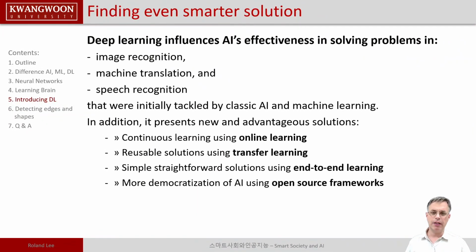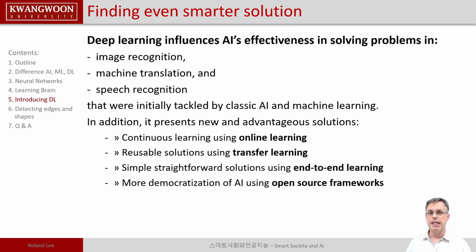Now we come to the next topic, finding even smarter solutions. So here, deep learning influences AI's effectiveness in solving problems in image recognition, machine translation, and speech recognition that were initially tackled by classic AI and machine learning.